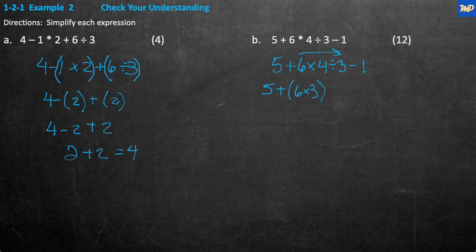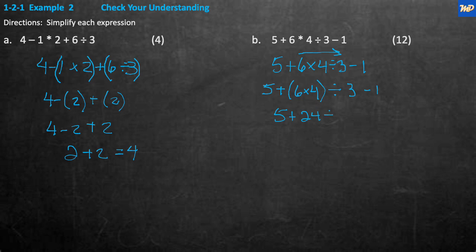Oh, I'm sorry, excuse me, 6 times 4, divided by 3 minus 1. So now we're doing the multiplication before the division because it's left to right. So we have 5 plus 6 times 4 is 24.